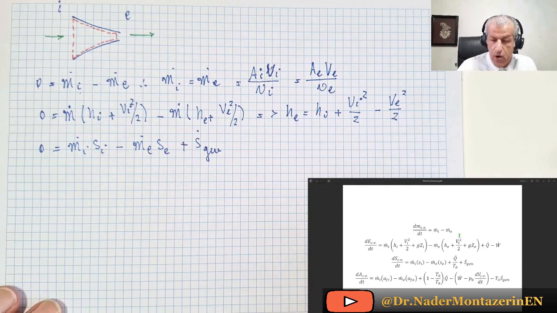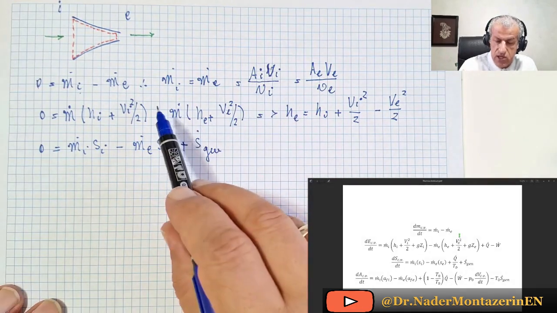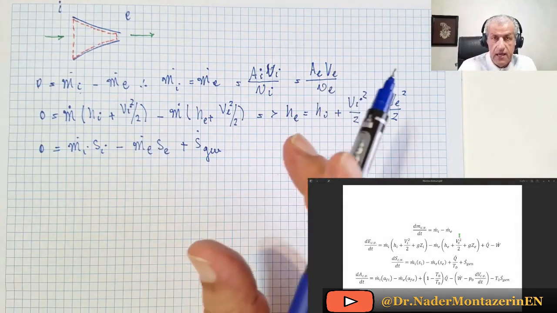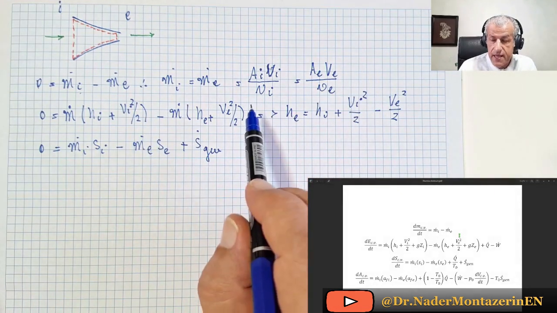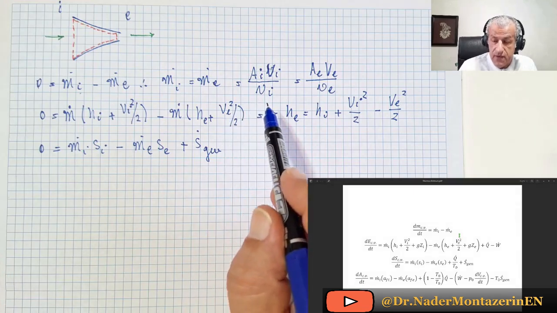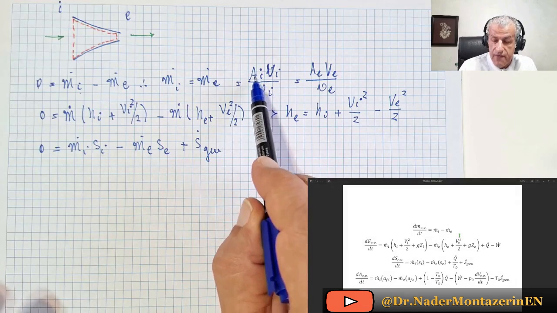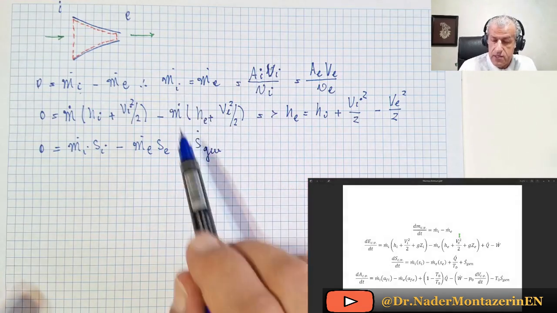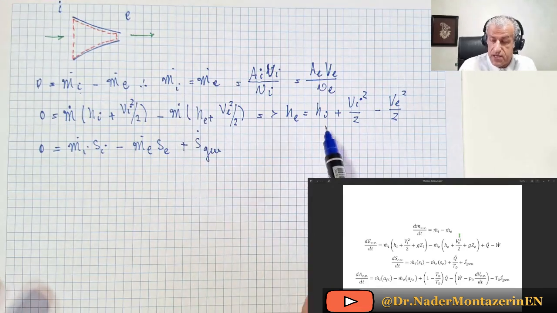Now, for all these equations, we have some values that we can place in them and see what the results are. You see, for entry flow, we have A, V, and v, so we can have m dot. Here, all three terms on the right-hand side are known, and therefore we can calculate h.